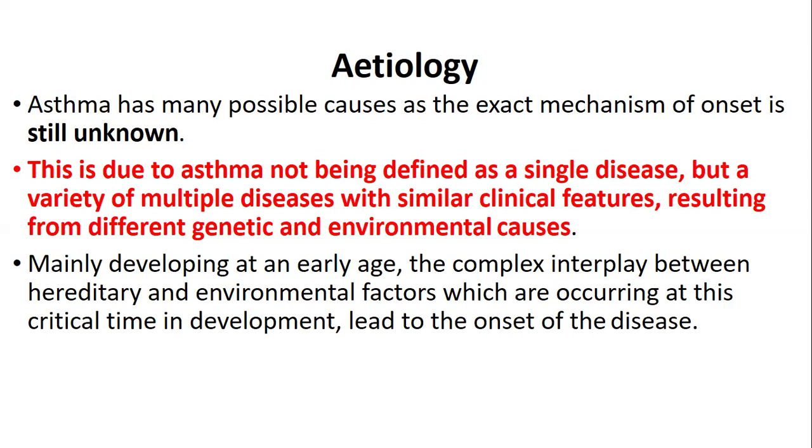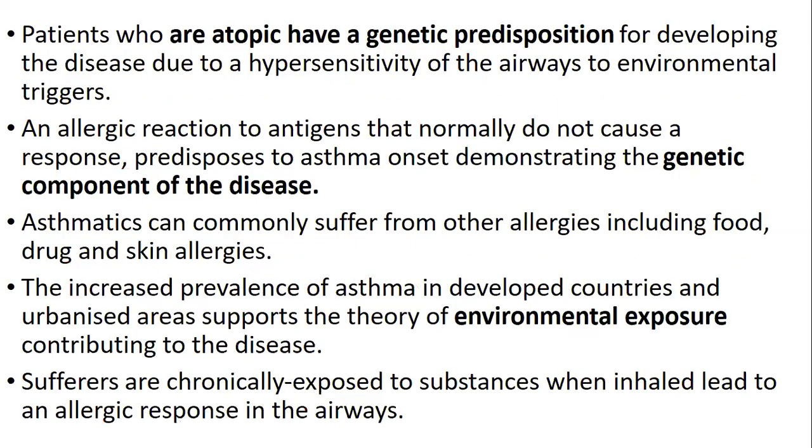Mainly developing at an early age, the complex interplay between hereditary and environmental factors occurring at this childhood level occurs at a very critical time of development, which may lead to the onset of asthma. Therefore, the clinician ought to be very careful to get the correct diagnosis and treat the correct condition, which is asthma.